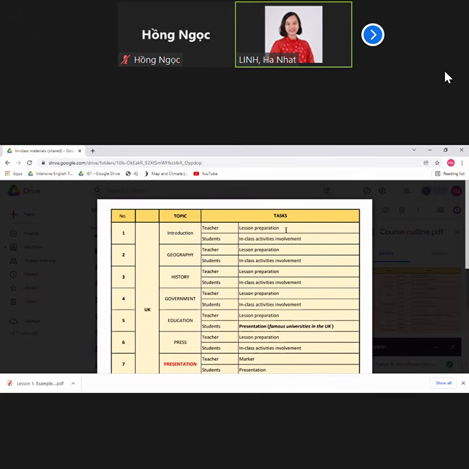The teacher's task is that I have to prepare the lesson, so I wrote down here, lesson preparation. Your main task is just in-class activities involvement. It means that you don't need to prepare anything, understand?